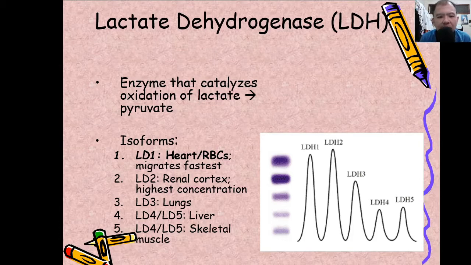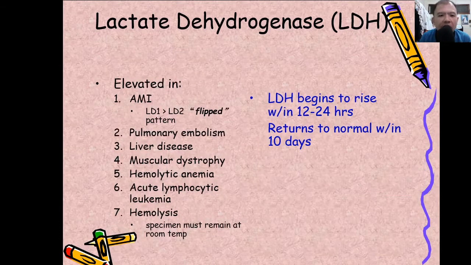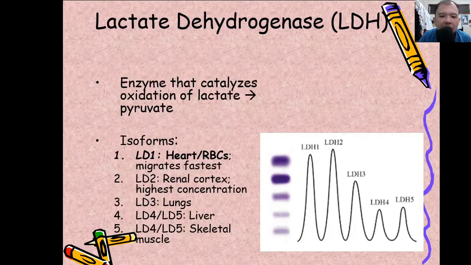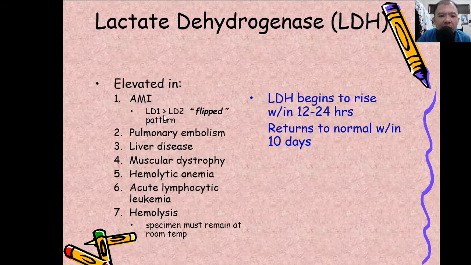Normally, LD2 has to be elevated compared to LD1. However, when you have a flipped pattern, such as a higher peak of LD1 compared to LD2, that is where myocardial infarction is diagnosed.